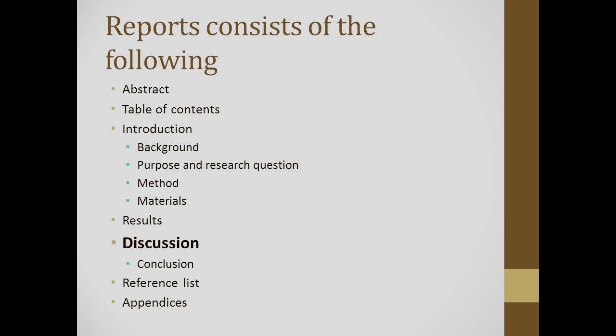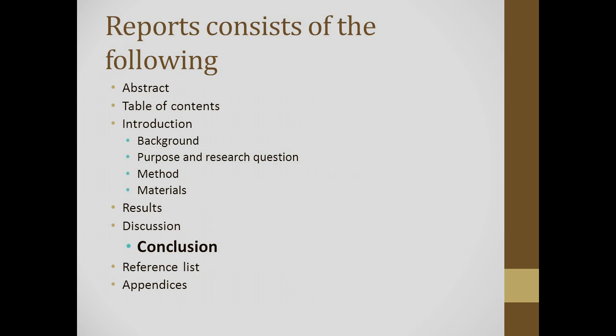And in the discussion, you discuss your results. In the sub headline that is conclusion, you can clearly state the actual conclusion of the work. And this should be very short and concise.